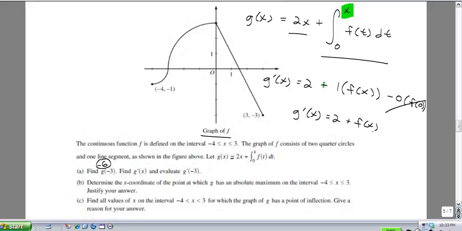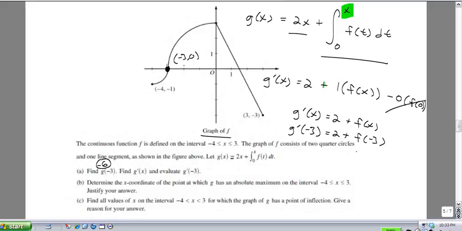Well, how much is g prime of negative 3? Okay, g prime of negative 3 equals 2 plus f of negative 3. Well, you're looking at a graph of f. F of negative 3 is 0.